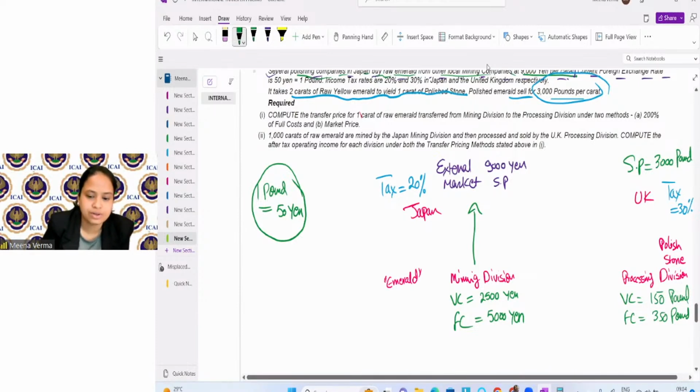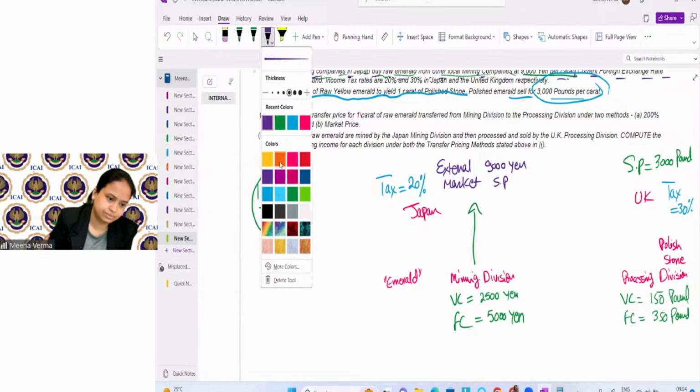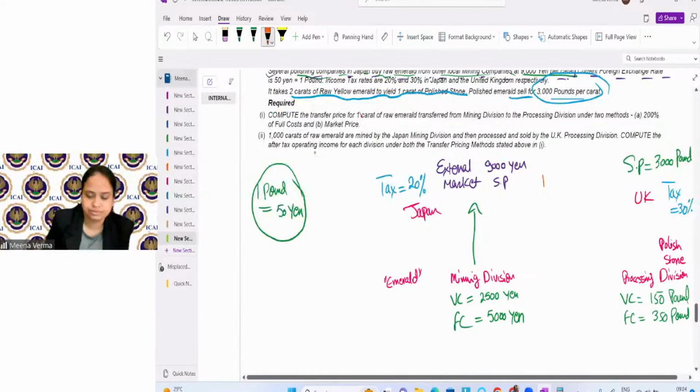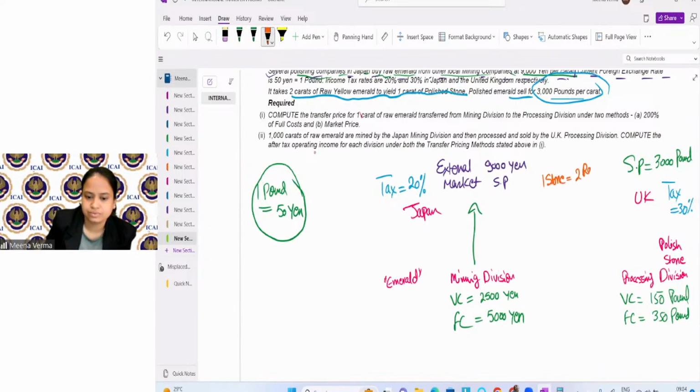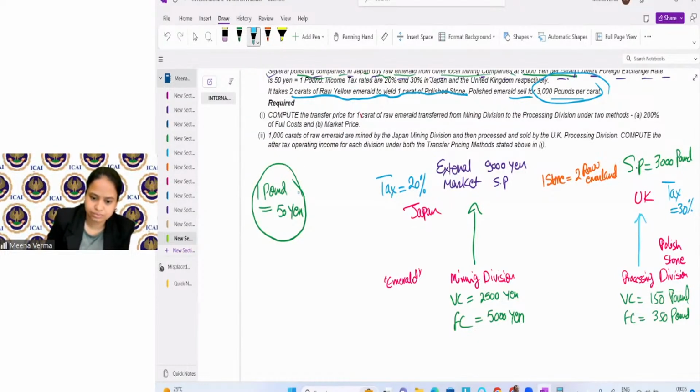What else do you have here? One polished stone is equal to 2 emerald. This is given, right? Okay. What else do you have here?